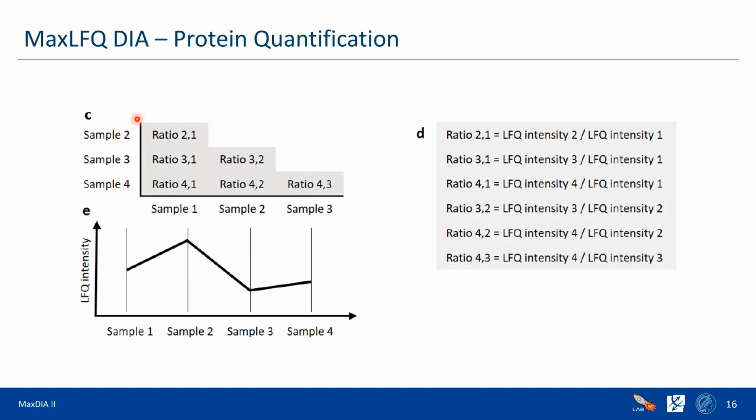plus charge. And we're going to find a lot of ratios, and we take the median of these ratios, and this is exactly going to be the ratio between, let's say, sample 1 and sample 2. So we know from another point of view that these ratios are going to be the LFQ ratios of a certain protein from sample 2 compared to sample 1.